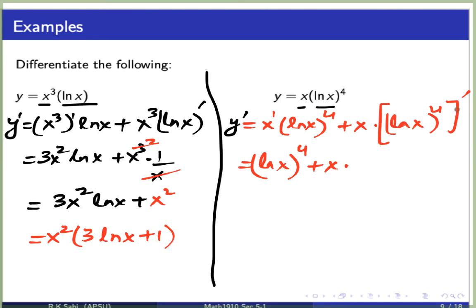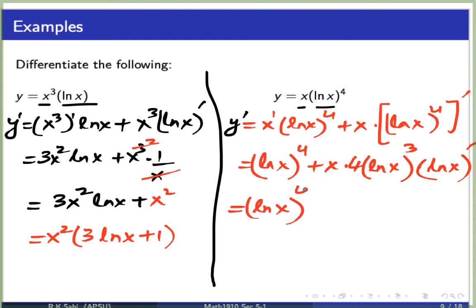Now here, it's a chain rule. You will take the 4 out, natural log of x to the power 3 times differential of natural log of x. So what do we get? Natural log of x to the power 4 plus x times 4 natural log of x cubed times differential of natural log of x, remember, 1 over x.